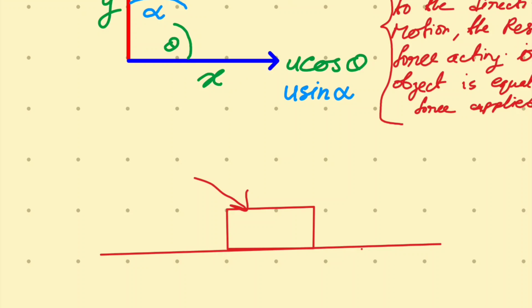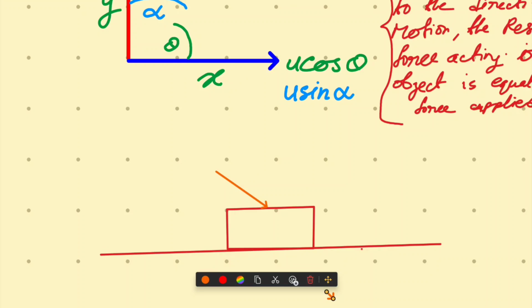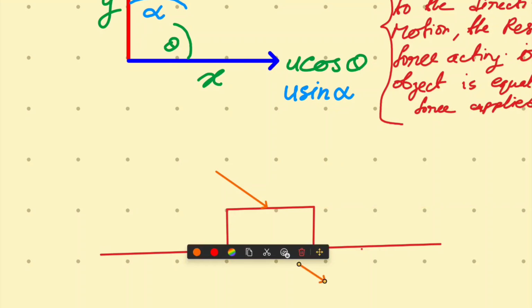If I apply a force in this direction, this force can by no means be directly applied along the table. There will be a bit of downward force applied on the table, but there will be no movement downwards. The movement has to be along the plane. So in this case, we have to resolve our vectors, or divide our vectors into two parts.